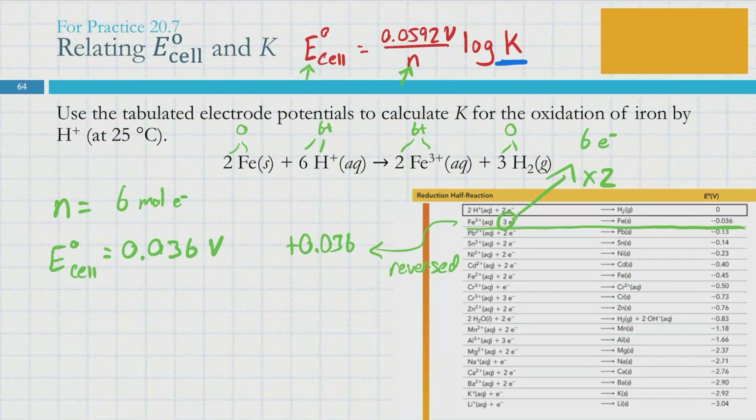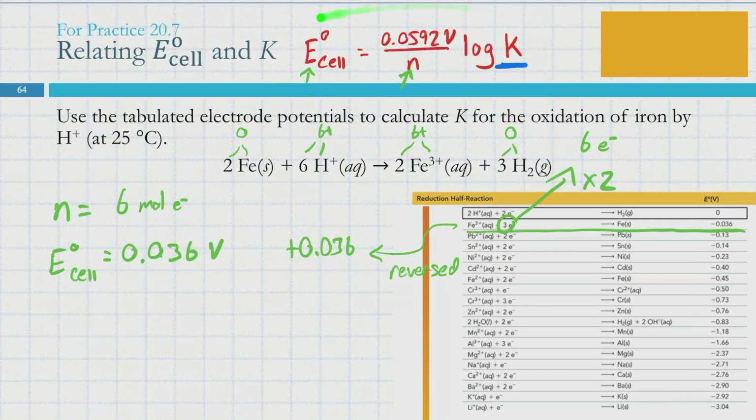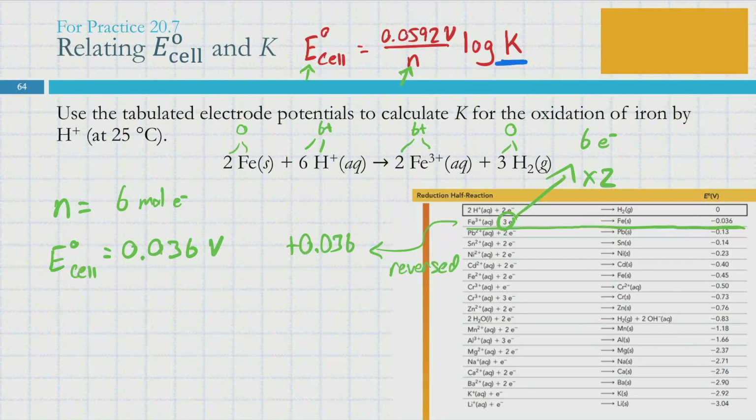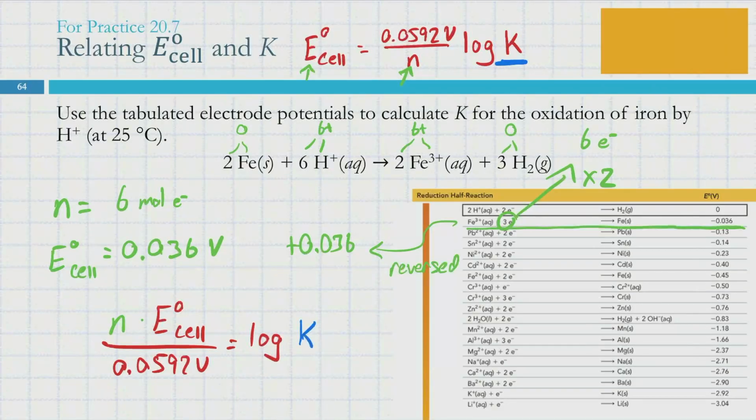Now we've got everything that we need to calculate K using this equation above. It might be helpful to rearrange a little bit. So we'll have n times electrode potential over 0.0592 volts equals log K, the thing that we want.